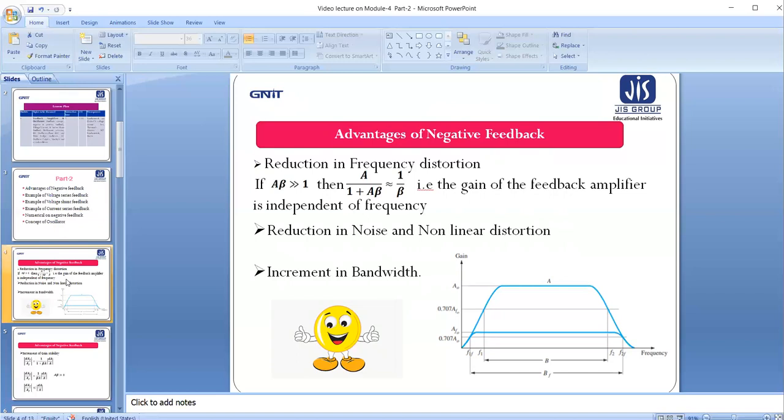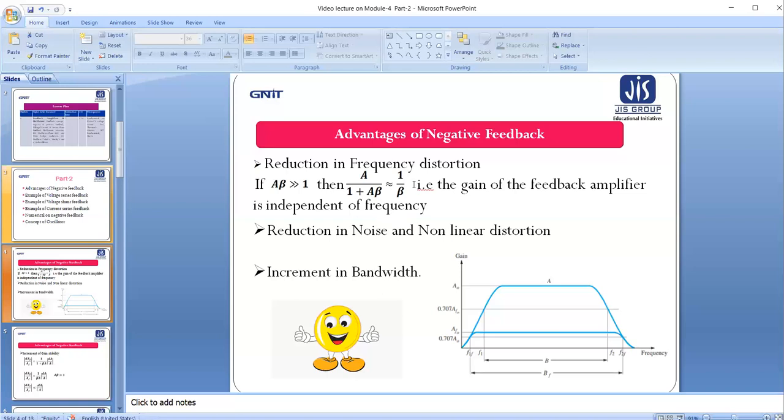Now, in negative feedback, we know the gain of the circuit is A by 1 plus A beta. If A beta is much greater than 1, then we can neglect this 1, and A by A beta will be nearly equal to 1 by beta.